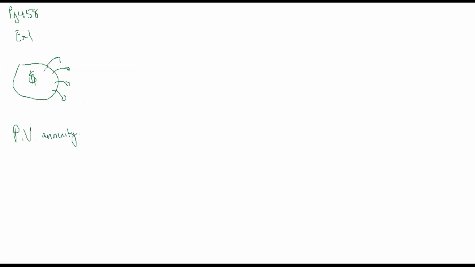Well, if I take a small portion out, the remaining part of this dollar bag is going to continue to grow. And if I take another portion out, the remaining parts of this bag is still going to grow a little bit. If I take another portion out, the remaining portions of the bag will still grow a little bit, and so on and so forth. So reading the question and understanding the context is going to be really important for you to decide whether it's just a regular annuity, if it's a present value annuity, and so on.